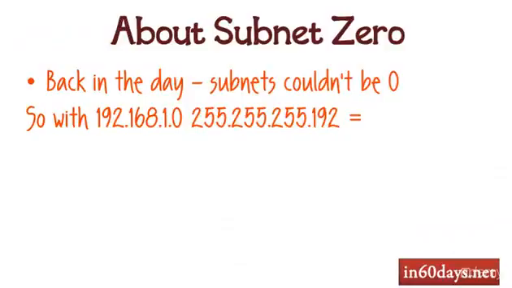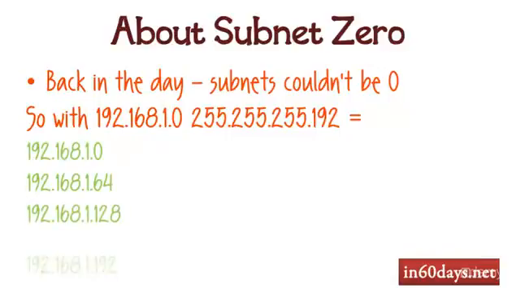Alright, so just a note really about Subnet 0. Quite some time ago there was some debate. Well, the rule generally was you couldn't use the subnet that had a 0 on it. So for 192.168.1.0 with this mask here ending in 192, that generates 4 subnets.